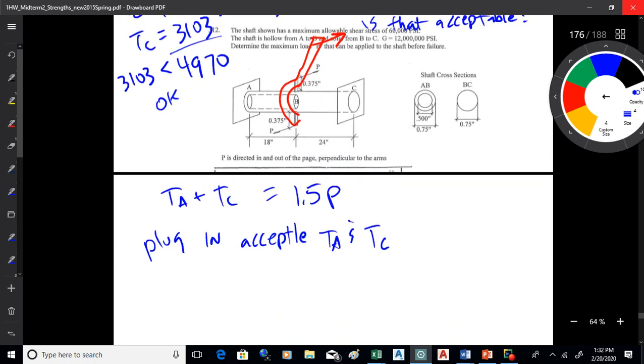Well, first I obviously can't spell acceptable, so that's a problem. But let's see. So we're going to plug in the actual values, let's say, for T_A and T_C.